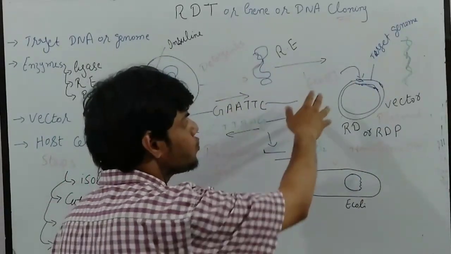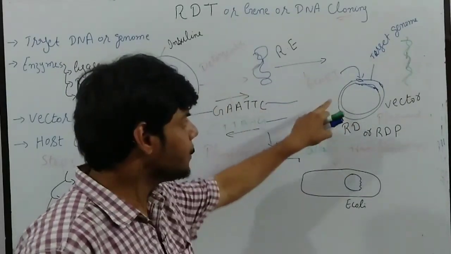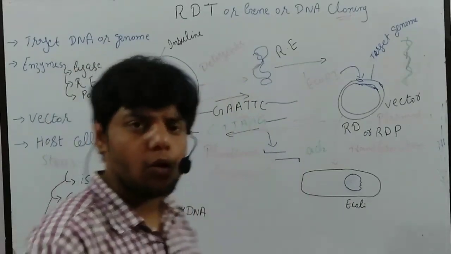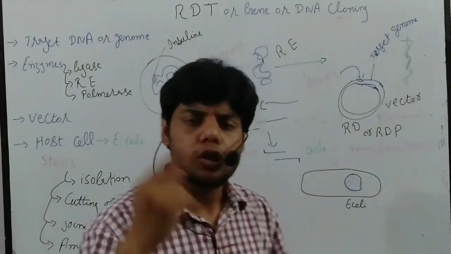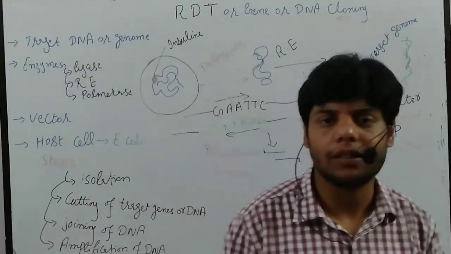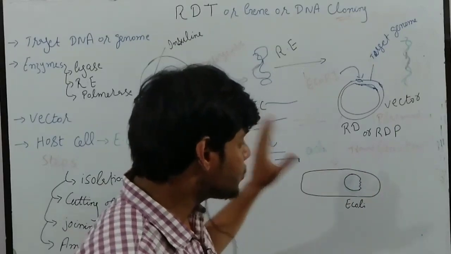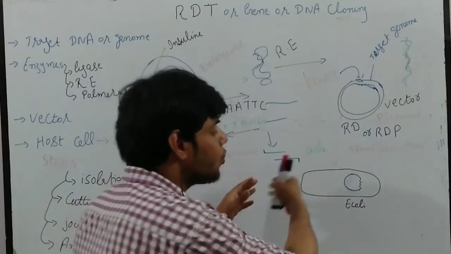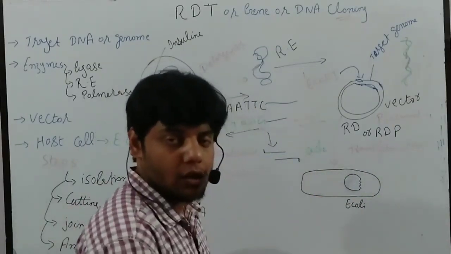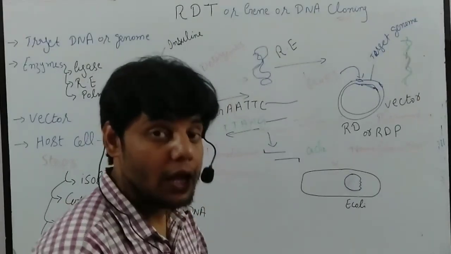We do not use only one enzyme and one cell. We use a lot of the same enzyme, the same cell, the same genome, and the same vector in large numbers. Due to this, there are also a lot of E. coli cells, or different kinds of cells we have.